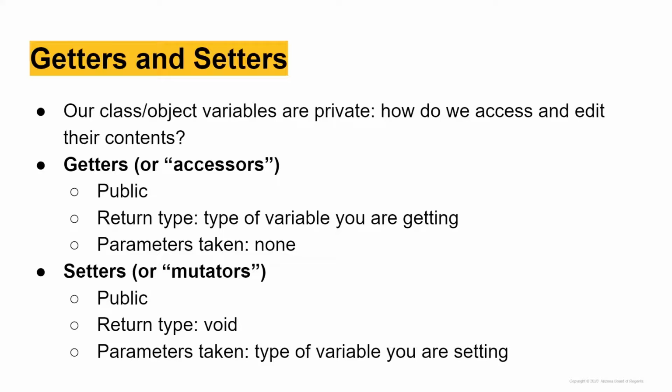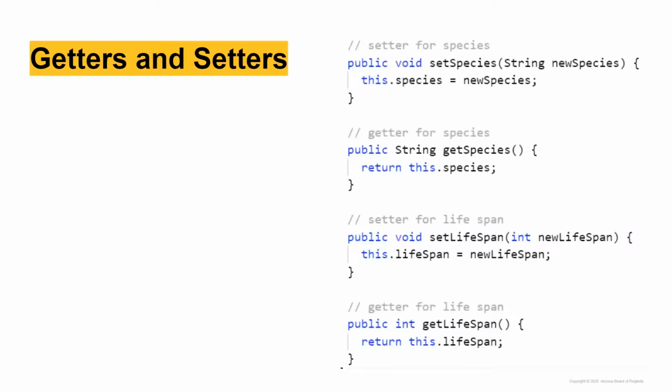You're going to see we'll call them from objects in just a second. So it just returns whatever value is in the variable. Setters are kind of the opposite. You can set that variable to a certain value. So there's no return type, it's just void because it's not returning anything. You're just editing it. And the parameter taken is the type of variable you're setting. So we'll see that here.